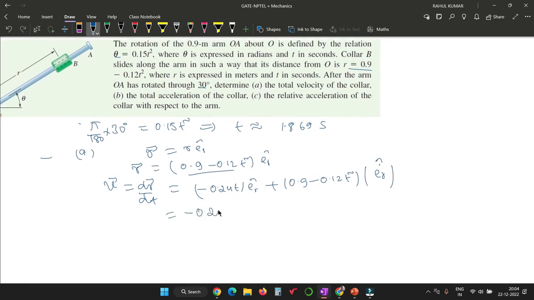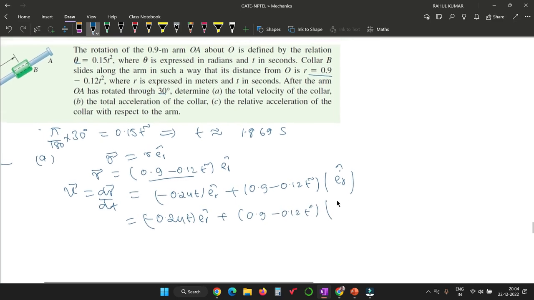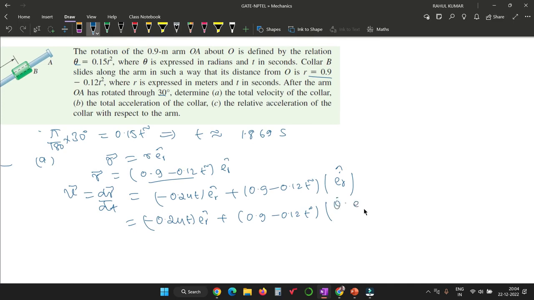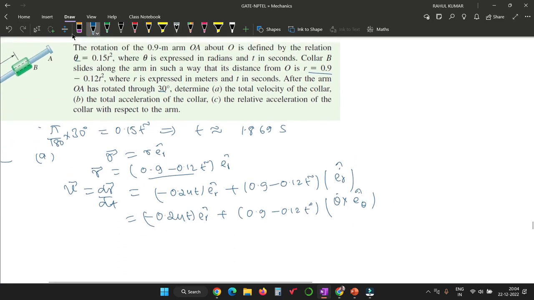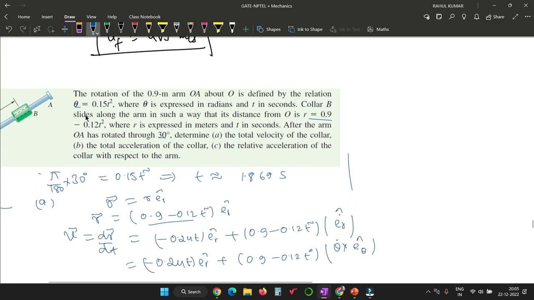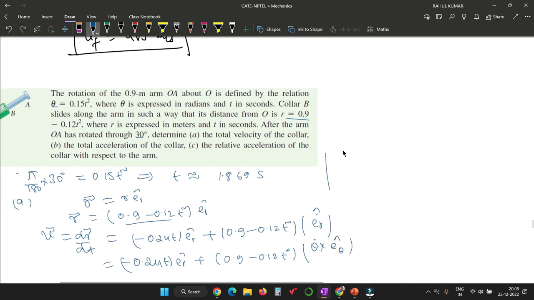So r dot is minus 0.24 t e_r, plus 0.9 minus 0.12 t square, and theta dot e_theta. Now you need the derivative of theta.